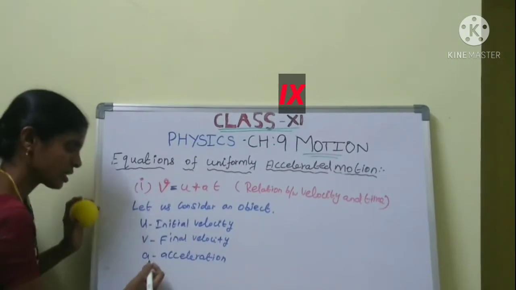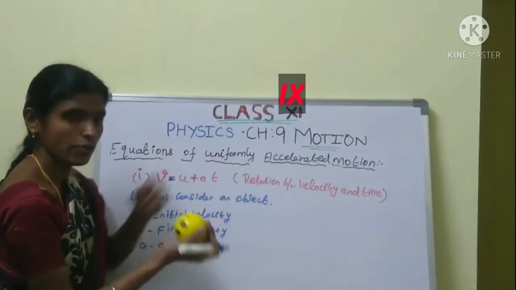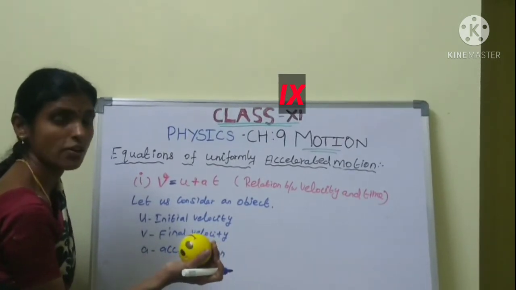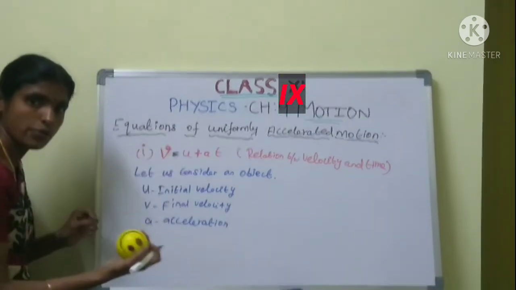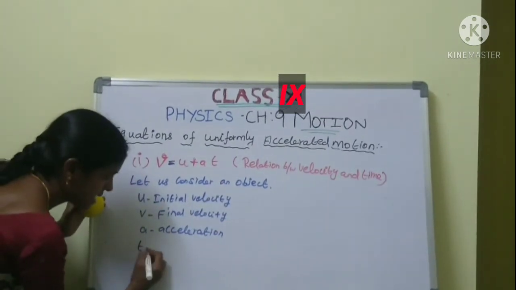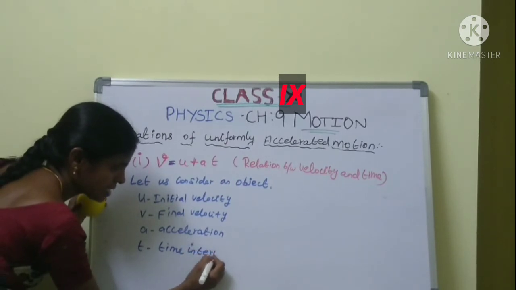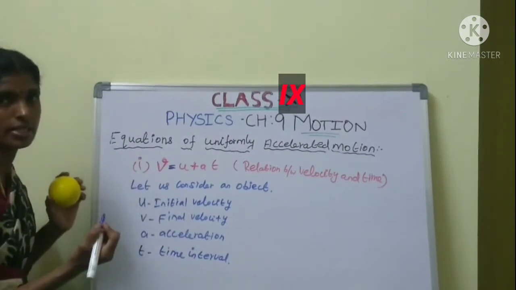So this is uniform acceleration. The rate of change of velocity is called the uniform acceleration. Next, t is the time interval.